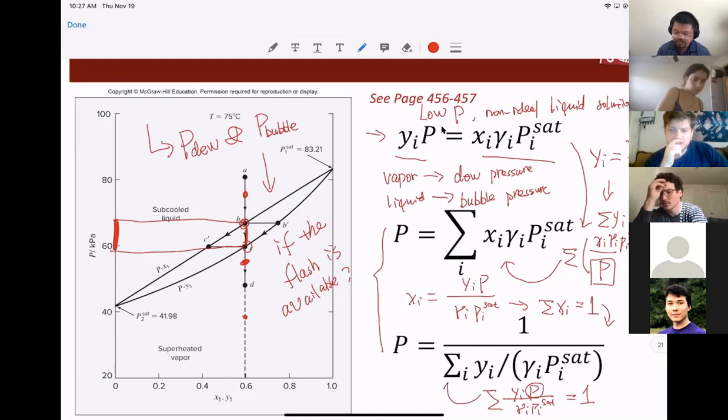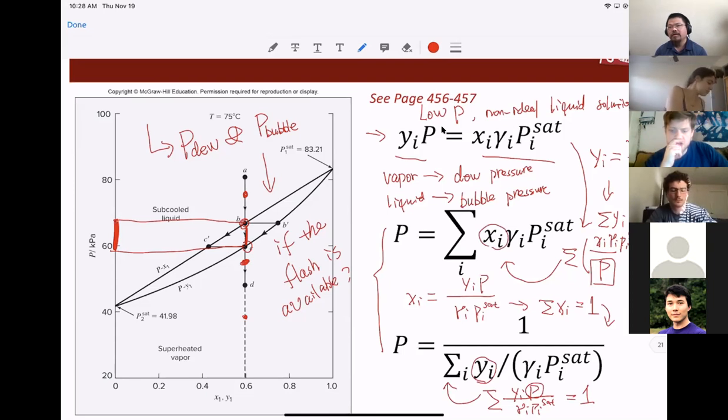Then I'm going to have this equation. So those are the two very important equations for the dew pressure and the bubble pressure calculation, knowing yi value or knowing xi value.